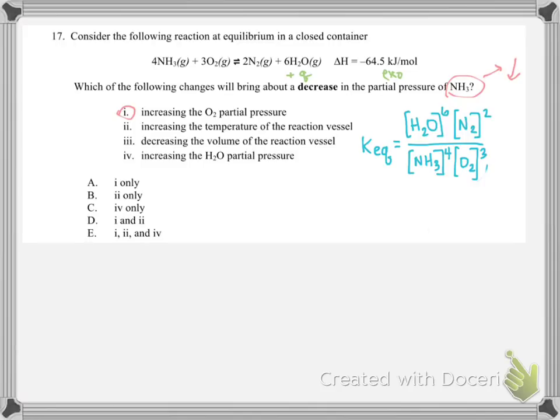Okay, so now that we've considered it as a product, if we were to increase the temperature, we would be adding to the product side, and the reaction would shift to the left. Okay, so that would end up increasing the pressure of the ammonia. So this would be no good.